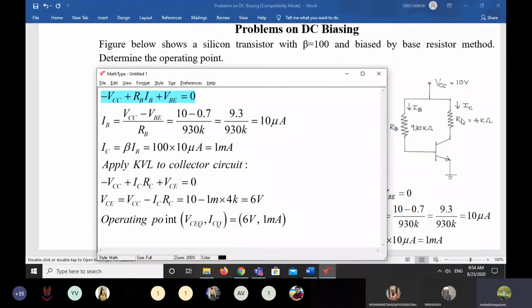For the input loop, we write KVL keeping the output constant and consider only the input. So in the first KVL equation we are not taking the RC resistor, and in the second KVL equation we are not taking the RB resistor. Two different paths: one is the input terminal, the base, and the other is the output terminal, the collector.